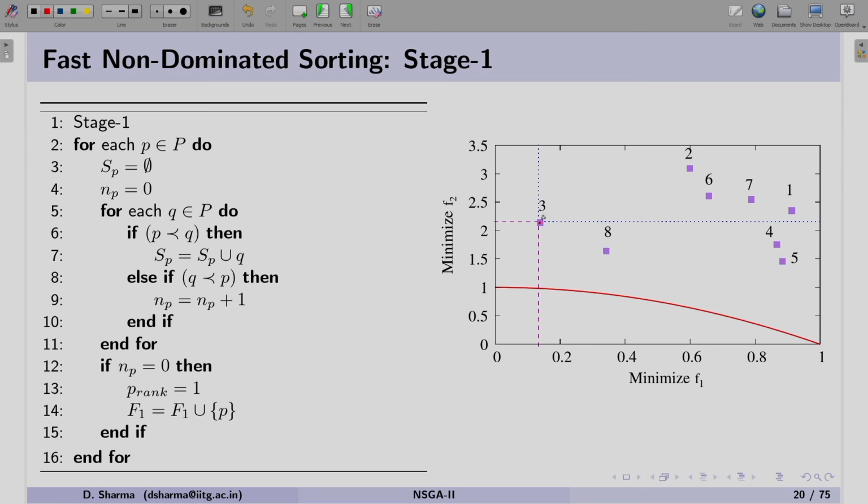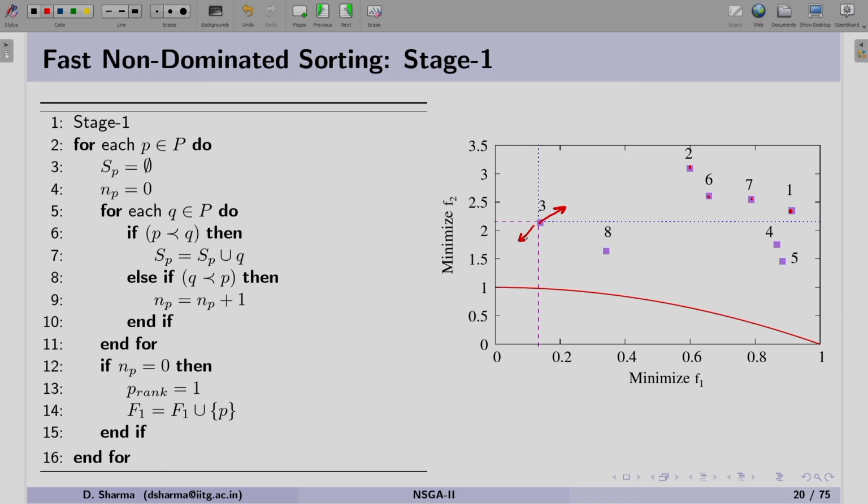We will take another case where we have chosen solution number 3. If we take solution 3 as our reference, looking at the first quadrant, we can see solution 3 is dominating many solutions such as 1, 2, 6 and 7. Also, if we look at the third quadrant of solution 3, there is no solution.